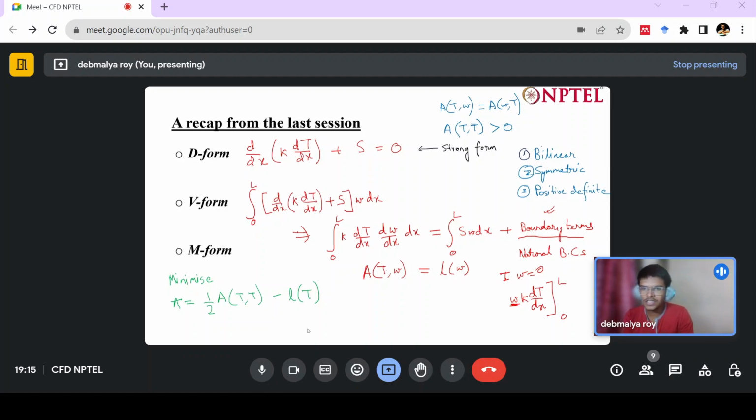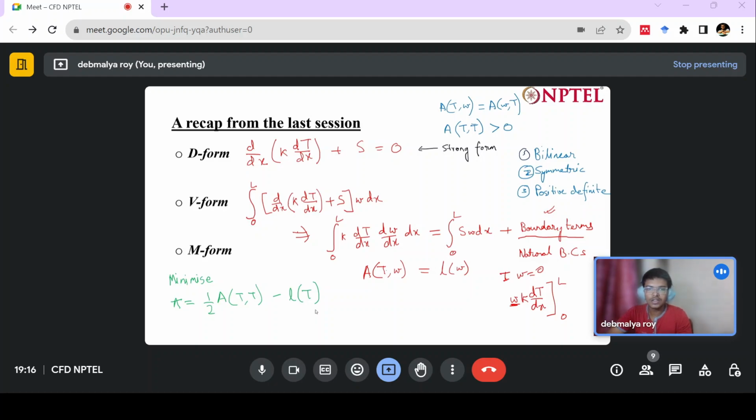But physically, this is also very relevant because in many problems, such as finding equilibrium, what we aim for is minimizing potential energy. So those are physically relevant problems which take this minimization form. And in dynamics, we often use the rule of minimizing the Lagrangian.